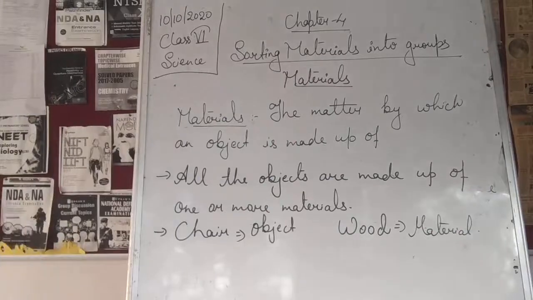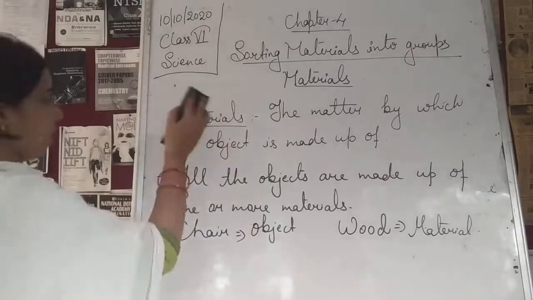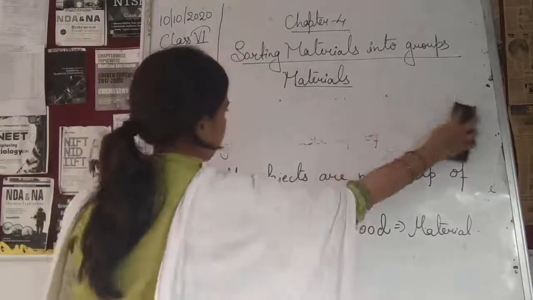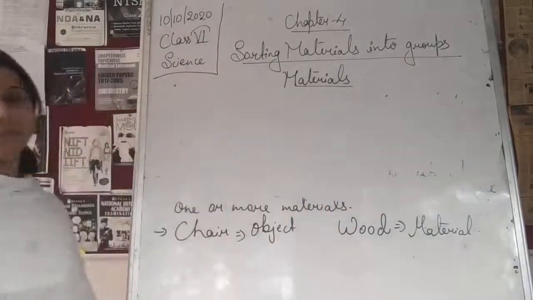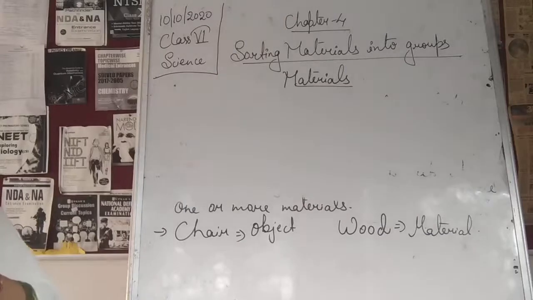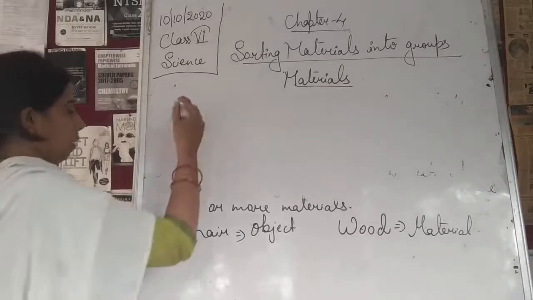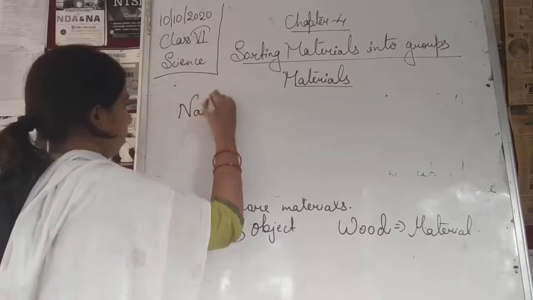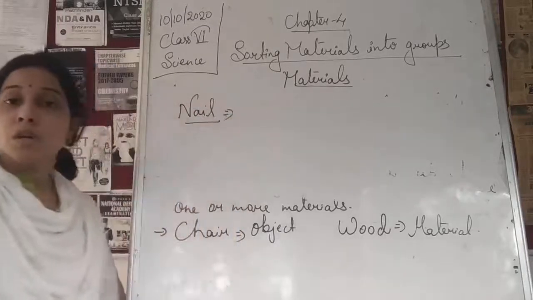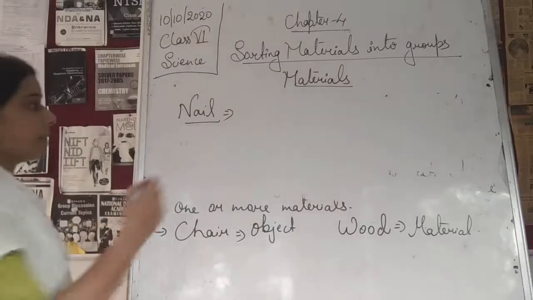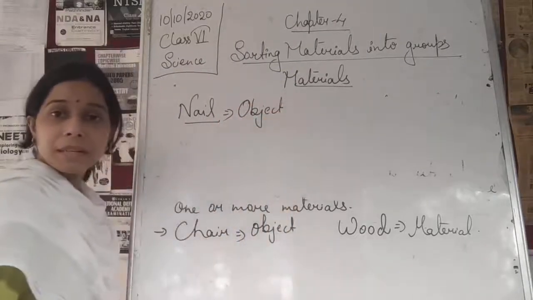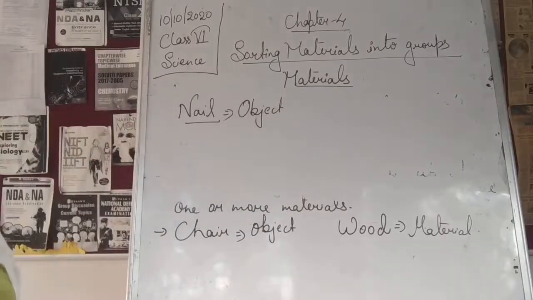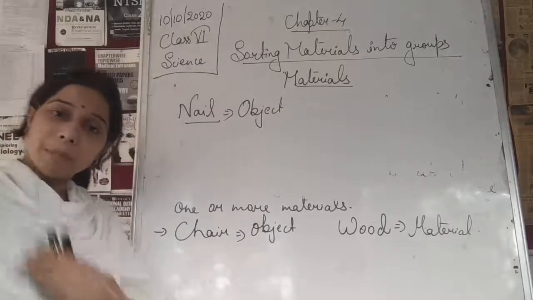Other examples, students, like you see, nail. Okay. So nail is what? It is an object, right? It is an object and it is made up of a material.